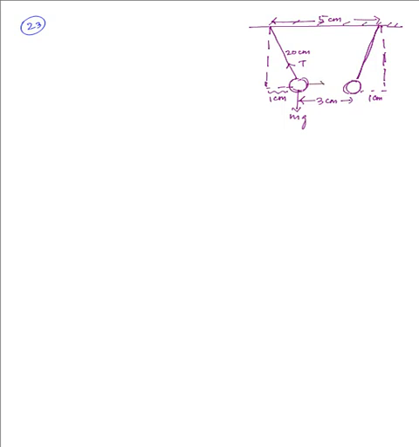This is the electrostatic force of attraction, and the distance between the two balls at this point is 3 centimeters, and the charge is equal to 2 times 10 raised to the power minus 8 coulomb in magnitude. Obviously one will be positive, the other one will be negative, as they are attracting one another.